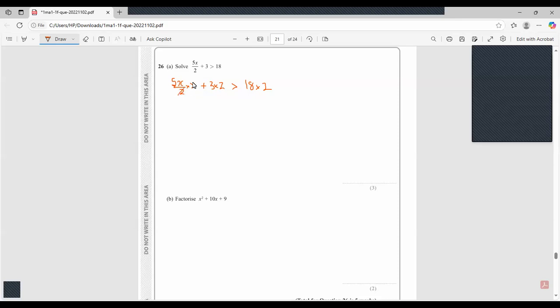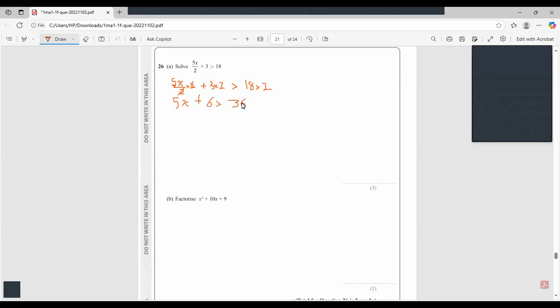So you can see this has helped us to get rid of 2. So what we'll now have will be 5x, the 2 will no longer be there, plus 6, because that's 3 times 2, that's 6, greater than 18 times 2 is 36. Can you see what we have now?